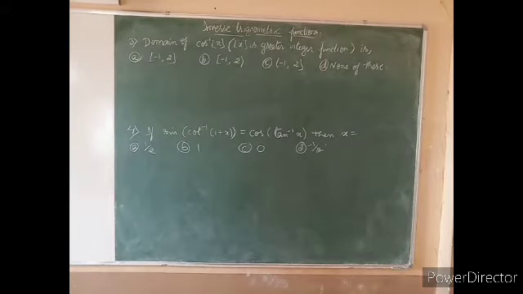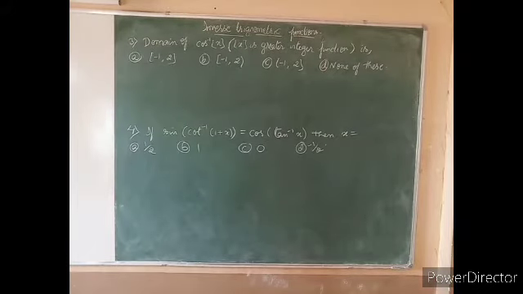We'll move to the next problem, problem number 3 here. That is domain of cos inverse of greatest integer function of x. So this is nothing but the greatest integer function. The greatest integer function is a function which obtains the integral values less than or equal to x.